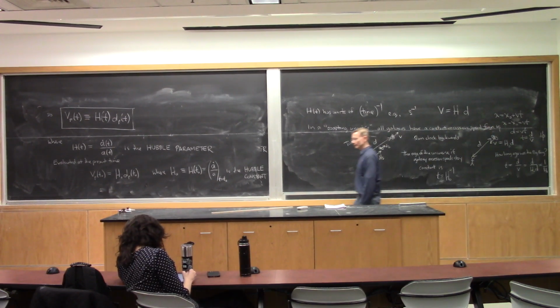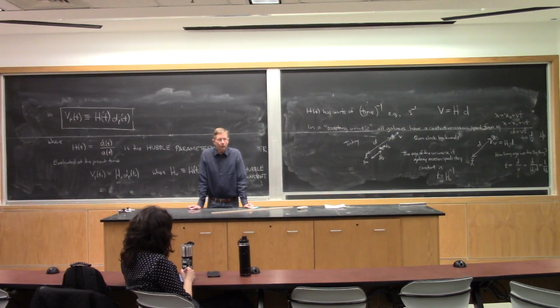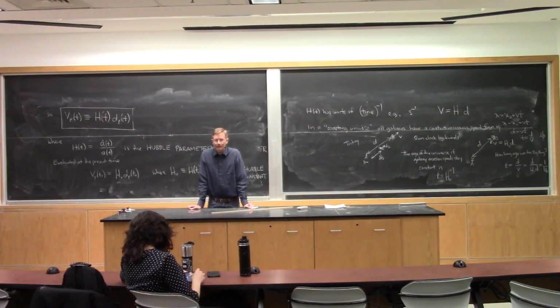So by measuring the expansion rate of the universe, we estimate its age. Now, the real universe isn't coasting, so this isn't right. You need to know the details of the expansion history to get the actual age.